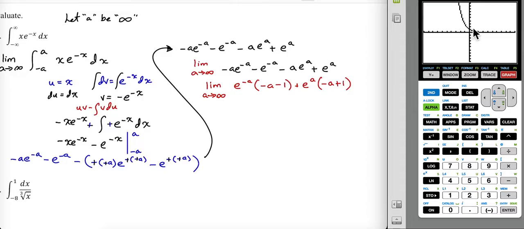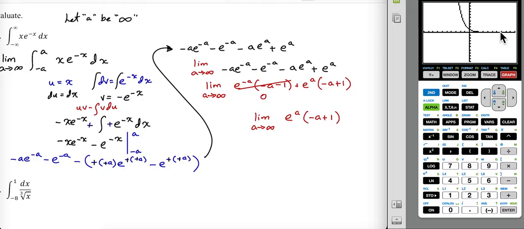As we go out to infinity, we have a horizontal asymptote at 0. So this whole thing zeroes out nicely. Regardless of what happens inside the parentheses, the e to the negative a goes to 0. But what we're left with is the limit as a approaches infinity of e to the a times negative a plus 1.